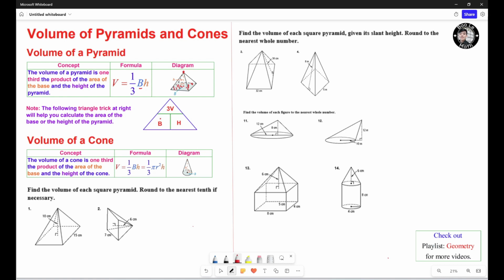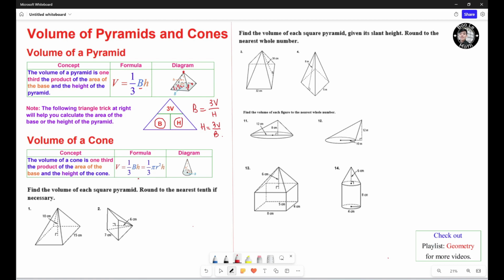If the question asks you to calculate the area of the base or the height of the pyramid, we use this triangle trick. So the area of the base equals 3V divided by H, or H equals 3V divided by B. The volume of the cone is the same thing as the volume of the pyramid.